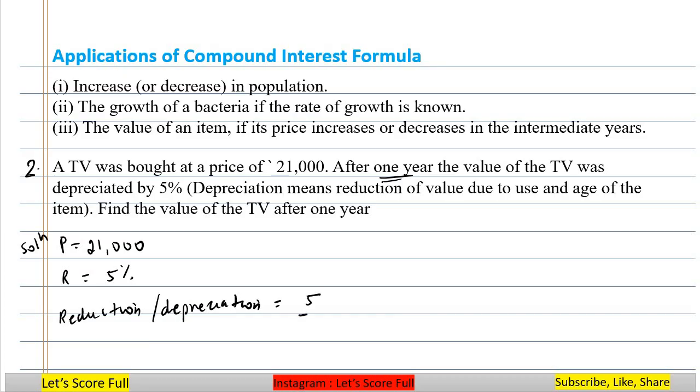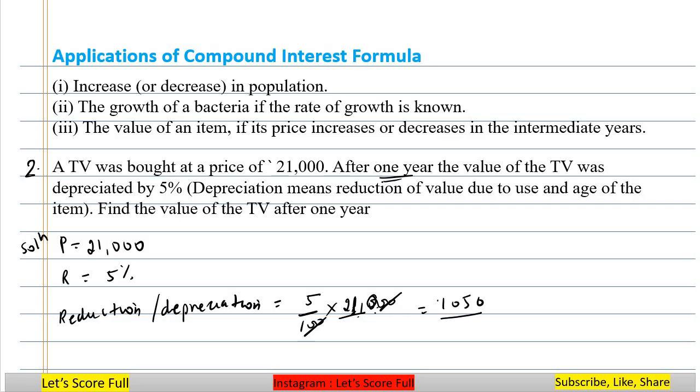Depreciation is 5%, means 5 upon 100 of what? Of initial value. Correct? When I solve this, how much I'll get? It is 21,000 into 5 upon 100, right? So it is 1050. 20 got cancelled, 210 into 5, that is 1050.